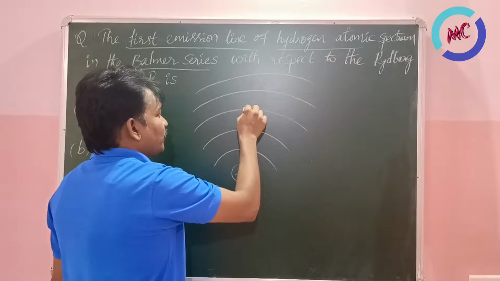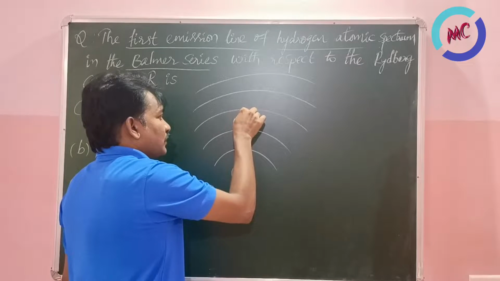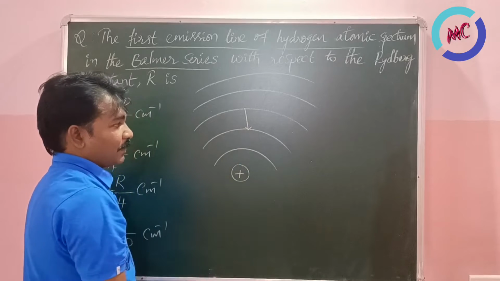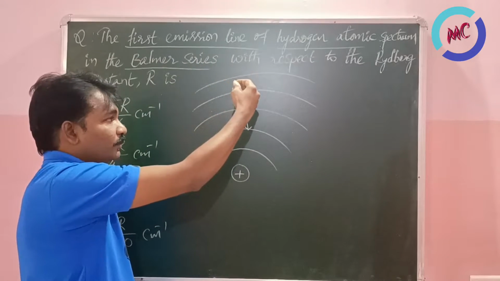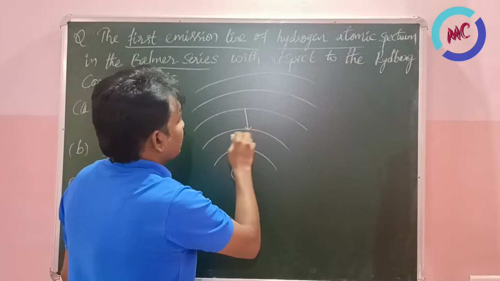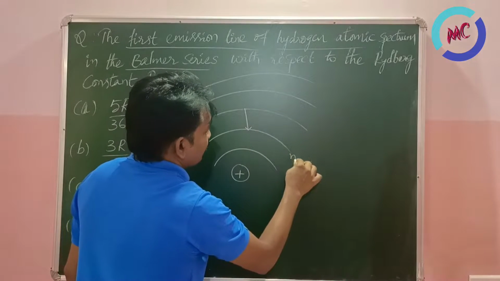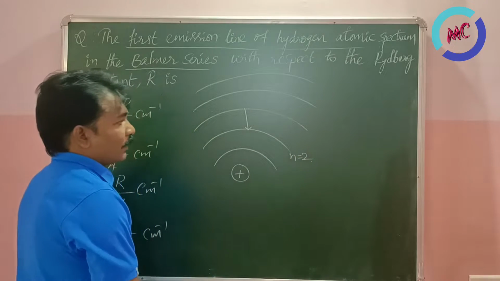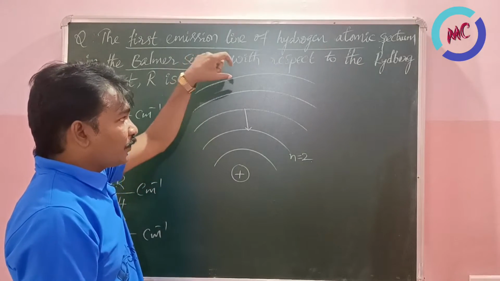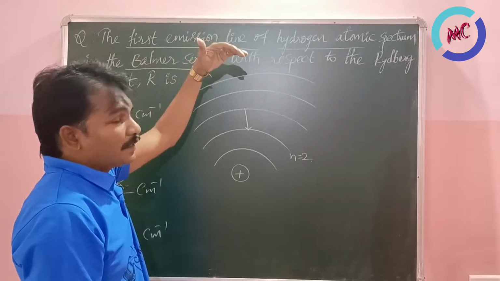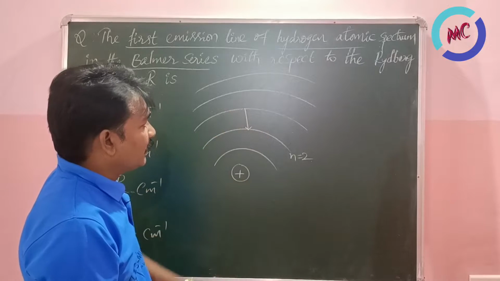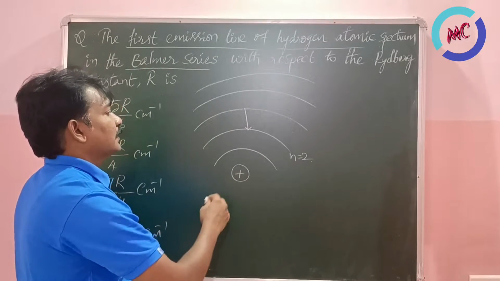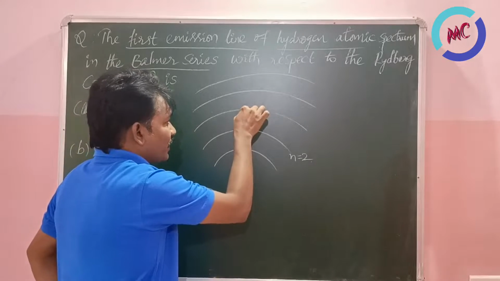If an electron falls from a certain energy level to the second energy level, meaning from a certain shell to the second shell, this is n equal to 2. Then it comes under the Balmer series and it gives the visible region.